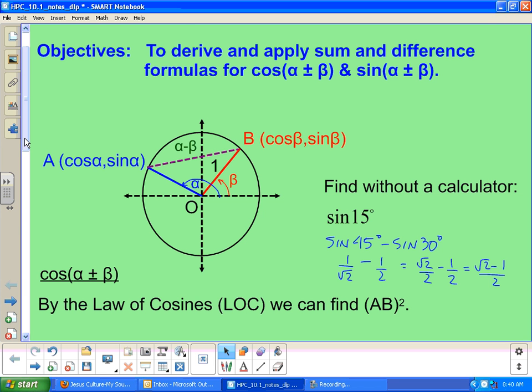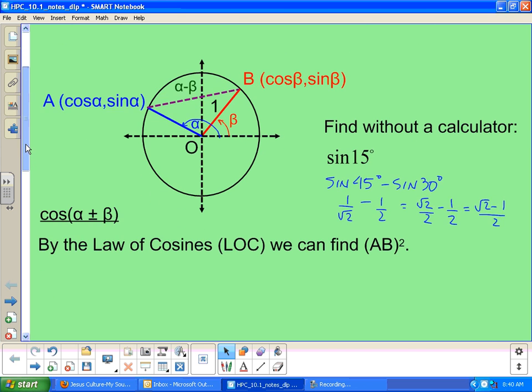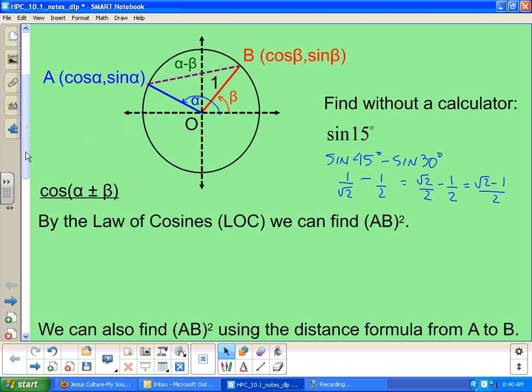And we don't know if that's a right triangle, but that's okay because we have some laws of cosines and laws of sines that we could use to find this angle. So first what we're going to do is look at the sum or difference of these angles. We're going to look at alpha minus beta for this example for cosines, and we'll use the law of cosines to find this length AB, line segment AB squared.